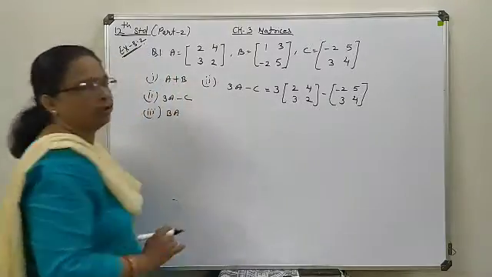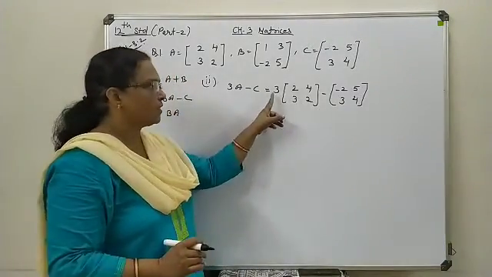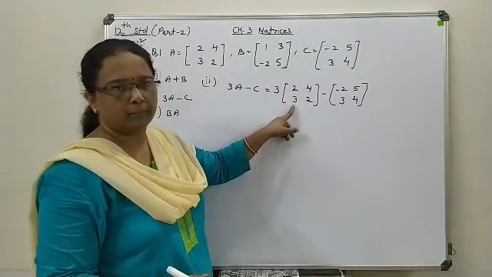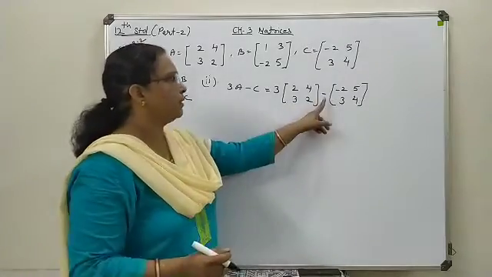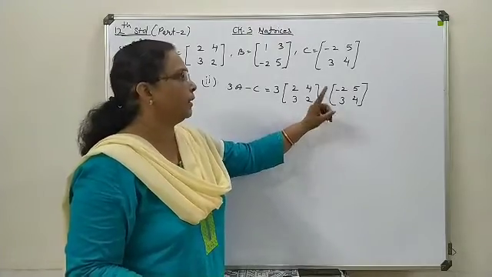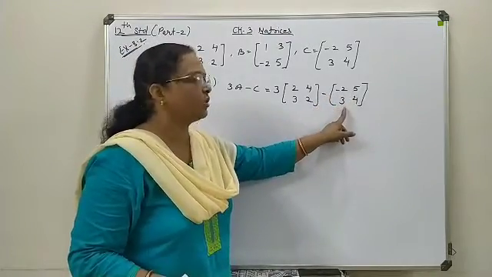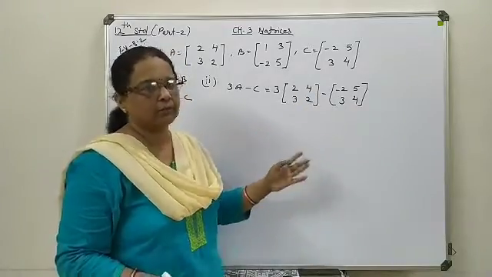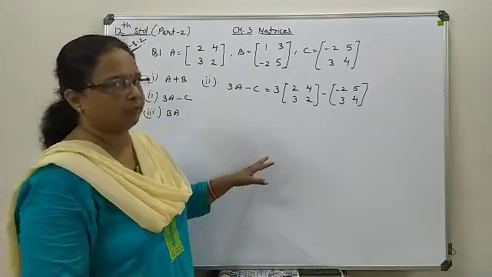Here two things we are going to do. First of all, this 3 is going to be multiplied with each element of the matrix A. Secondly, the negative sign is going to be changed to a positive sign, so the negative sign you will multiply with each element of the matrix C. So obviously all the signs will be changed. These two things we are going to perform here.